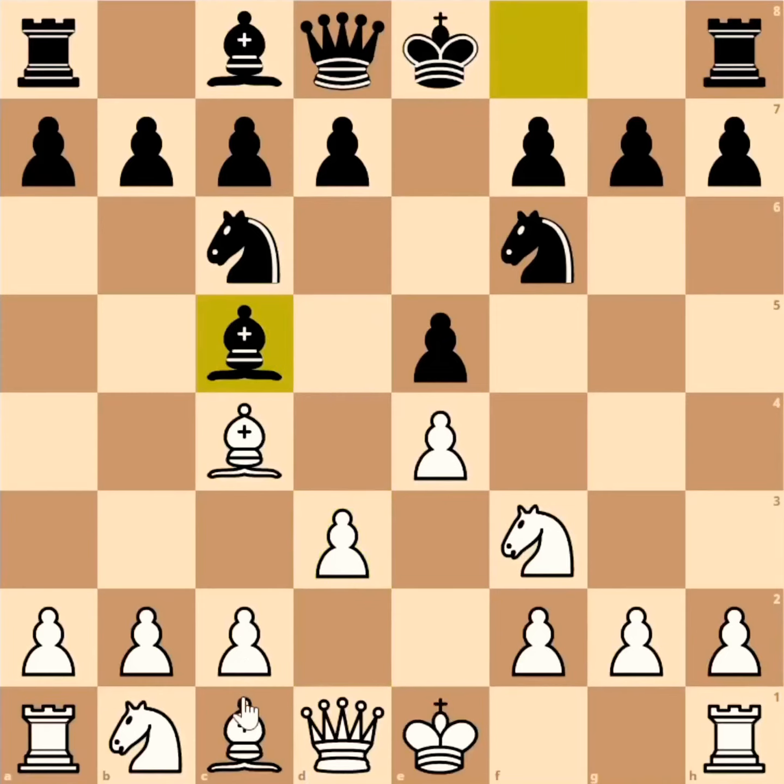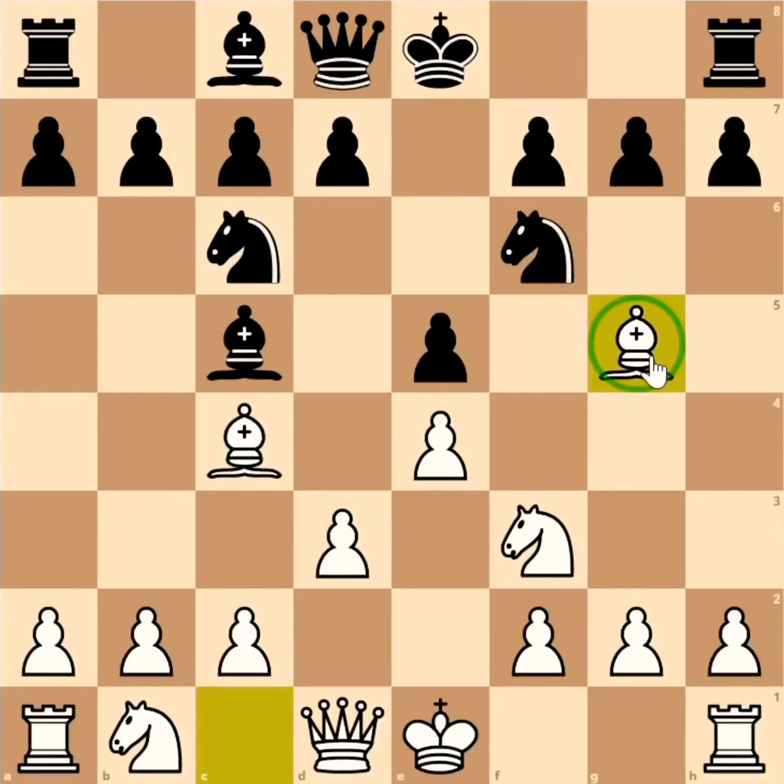So right here, let's pause right here, and this right here is a pin, because you're attacking this piece, but indirectly you're attacking the queen, because if this piece moves, then the queen is gone. So there has to be a more valuable piece behind it, otherwise it won't really be worth your time.